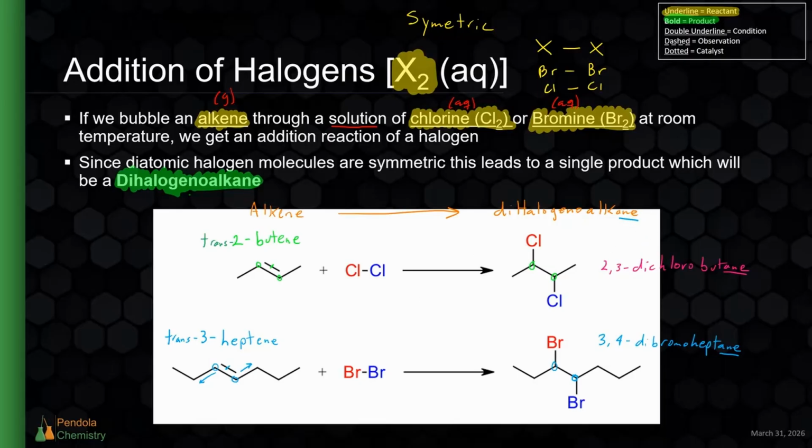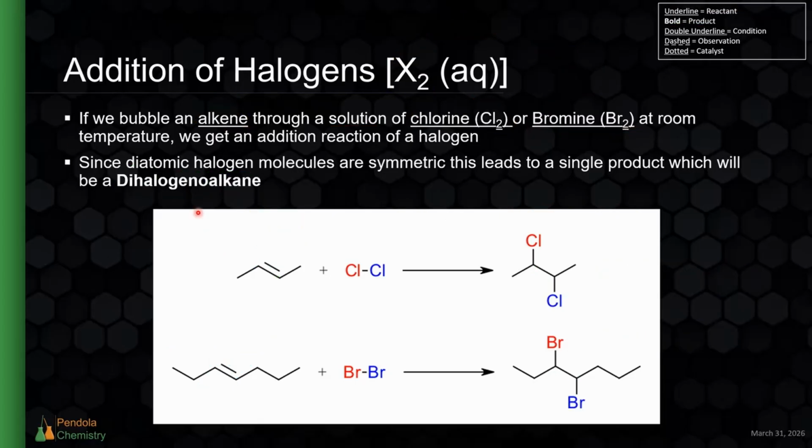The reactants are alkenes because they have the double bond. But the addition reaction breaks that double bond. And so we end up with alkanes, dihalogenal alkanes in this case. So those are the 4 different addition reactions.